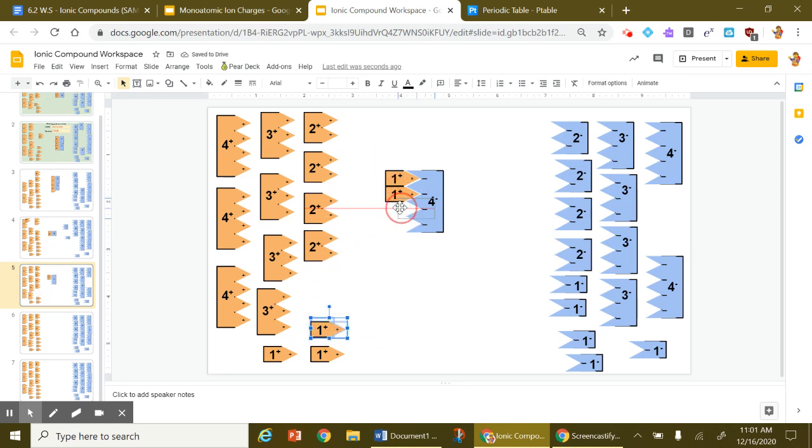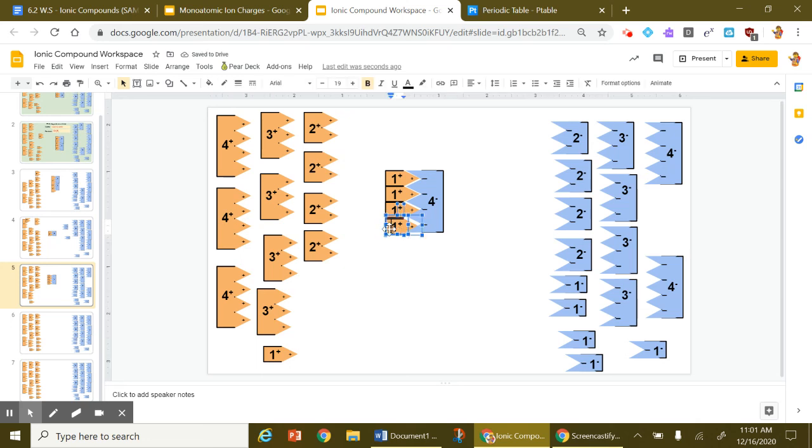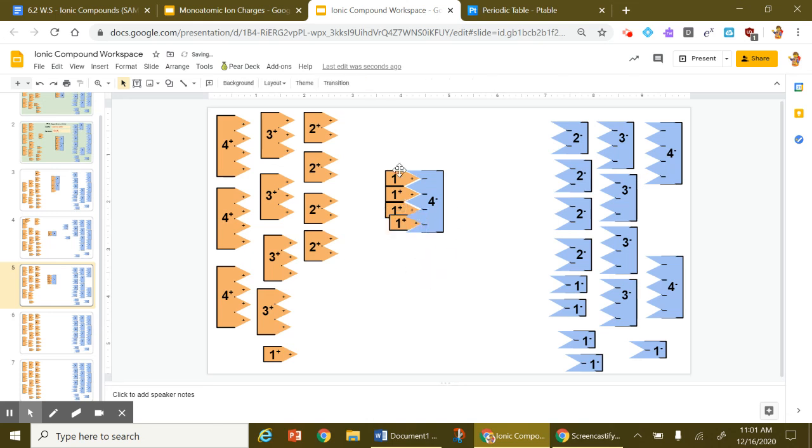Move this up a little bit, get into range. There we go. So yes, we do need 4 lithiums to cancel out the charge of 1 carbide. So it is Li 1, 2, 3, 4, and then 1 carbon.